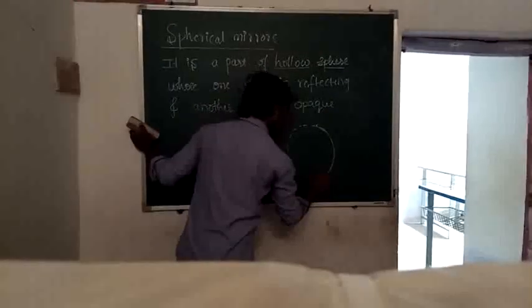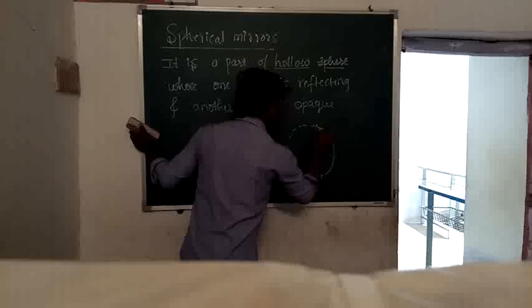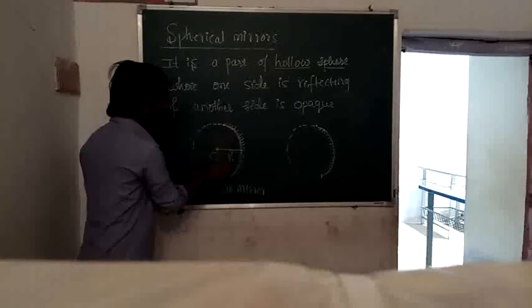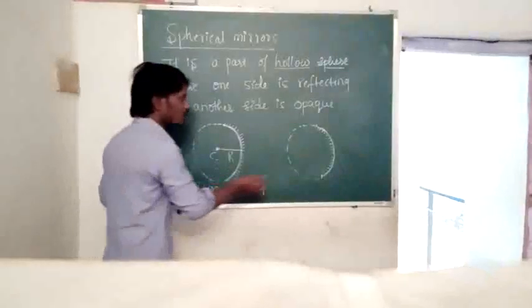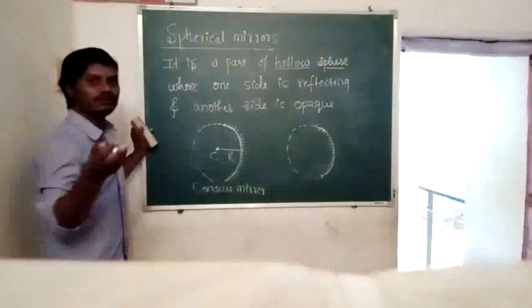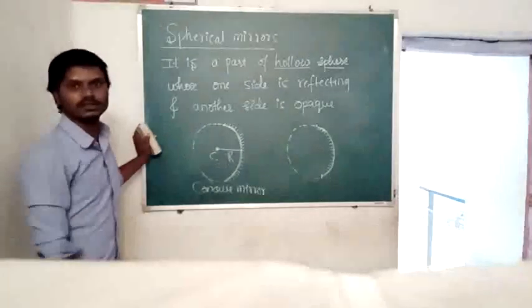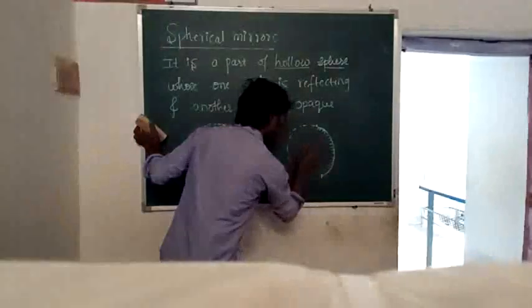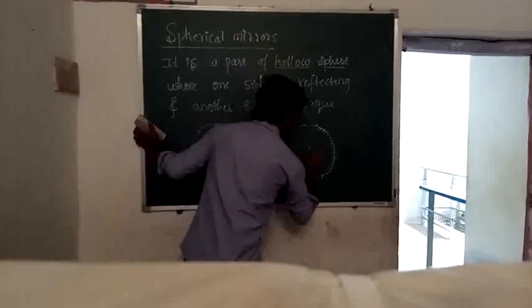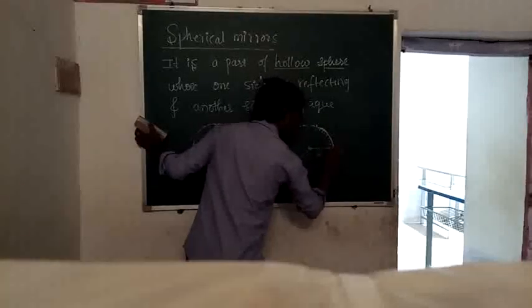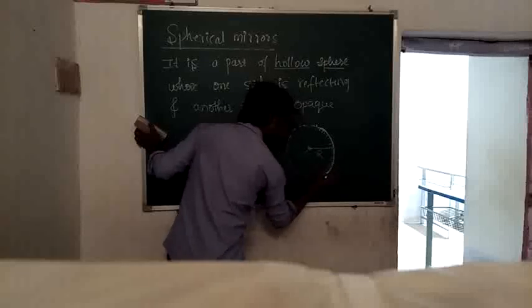Suppose the inside surface is polished and the outside surface is reflecting. Where does the reflection of light take place? On the outside surface, because whenever light falls on the reflecting surface, it undergoes reflection. Again, C is the center of the hollow sphere and R is its radius. The outside surface is reflecting and the inside surface is opaque.